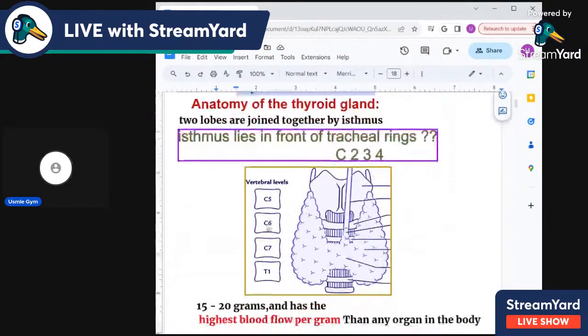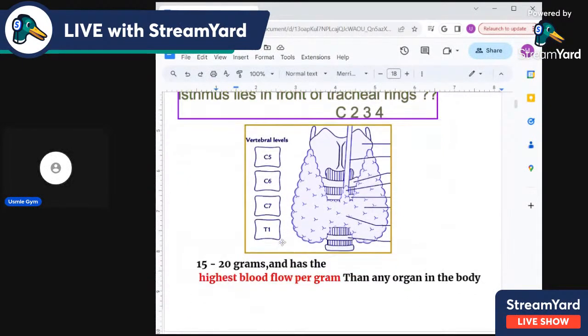Now, anatomy of the thyroid gland. The thyroid has two lobes joined together by an isthmus, which is in front of the second, third, and fourth tracheal cartilages.